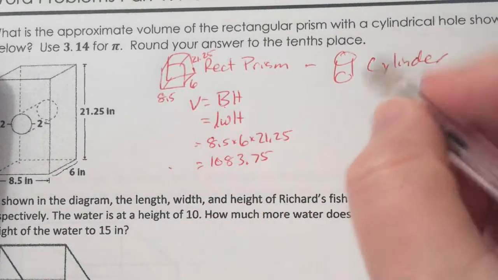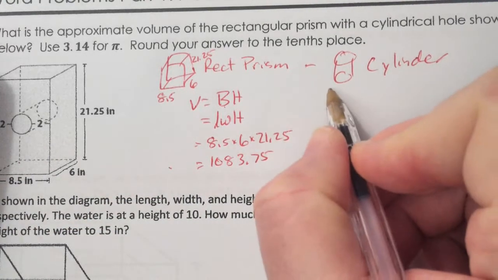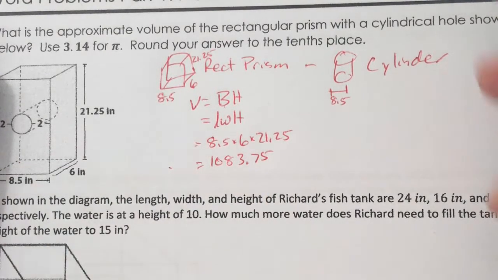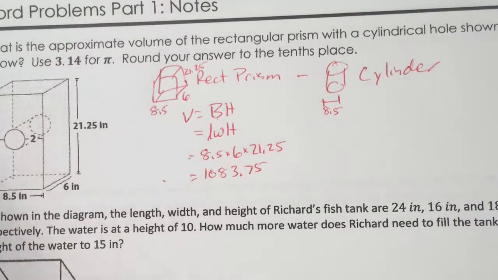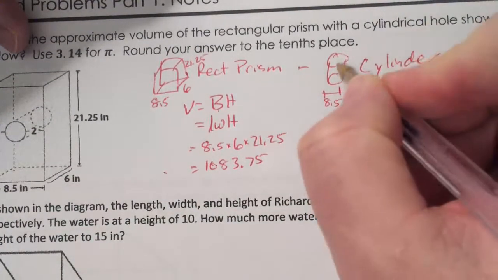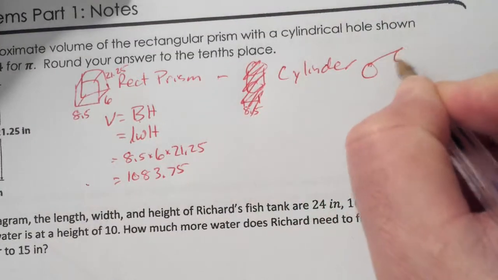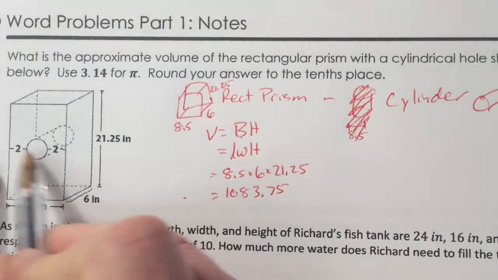Now the cylinder, here's the thing. So we know that all the way across is 8.5, right? And we know, I'm sorry, it's not. It's because this is not standing like this, it's sideways. So let's go ahead and redraw that. So it's like this. So we want this distance.